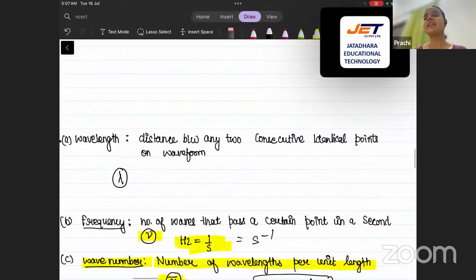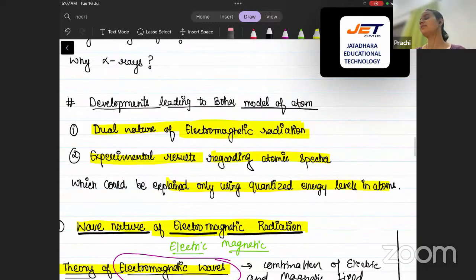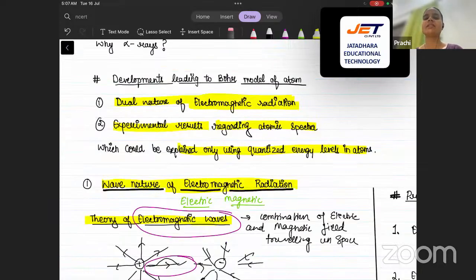We'll start with that and then we'll quickly revise whatever we have learned in the last session, and then we will learn about the electromagnetic spectrum. So yes, who all are there in the class? So type your answer or else just type yes, and then we will begin with the dual nature of electromagnetic radiation.